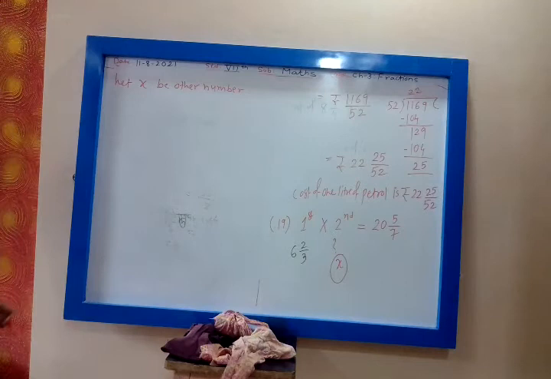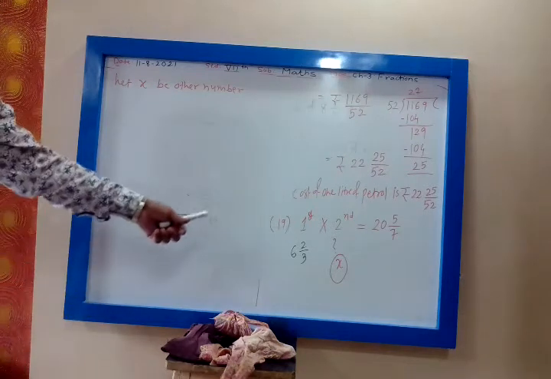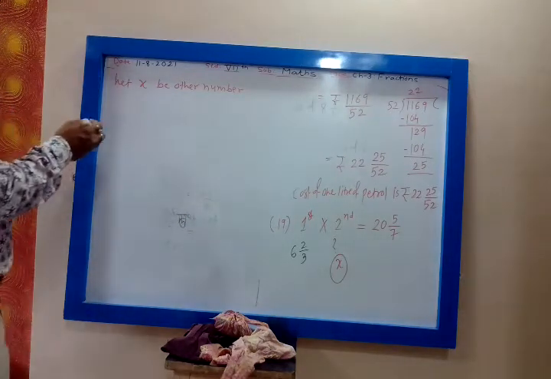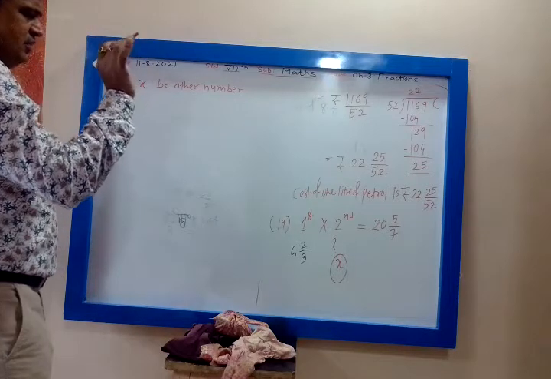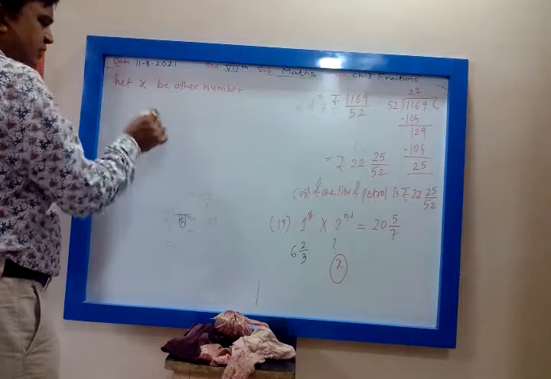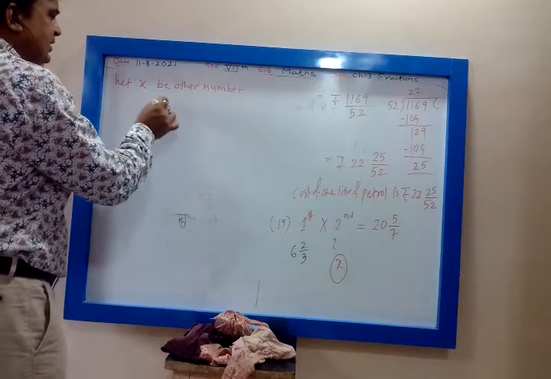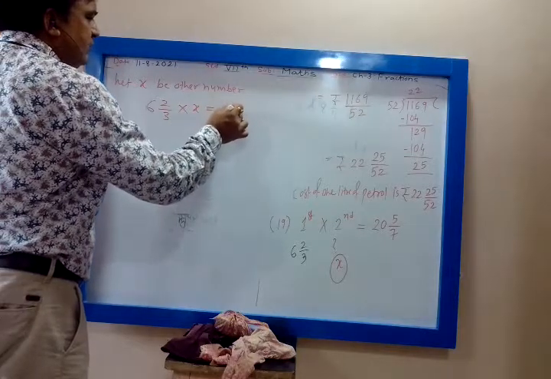Then how will you form the equation? Tell me. Form the equation. So how do we form the equation? 6 2/3 multiplied by x is equal to 20 5/7.